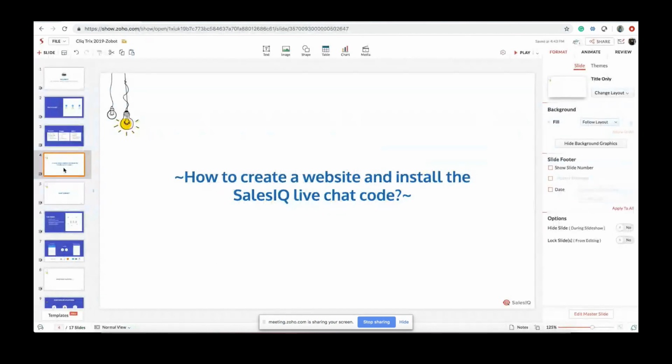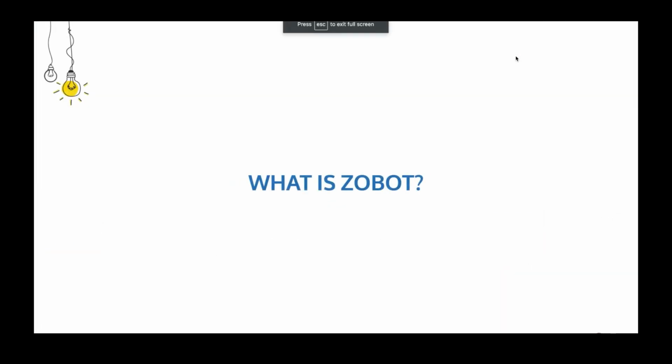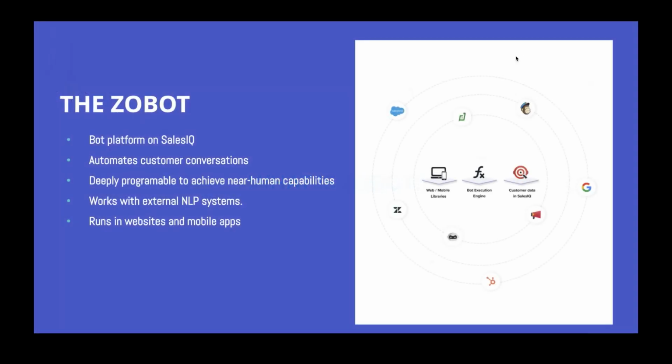So now we'll go back to our Zobot. So I'll tell you what the Zobot is. So the Zobot is a bot development platform that's available inside SalesIQ. So with this, SalesIQ users can build very, very compelling and automated bots that ease customer interaction.